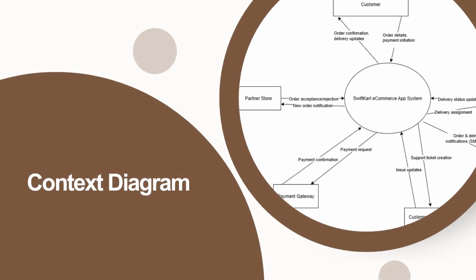A context diagram is a high-level diagram that shows a system in relation to its external entities. Okay, that probably didn't make any sense to you, but essentially the system is what you're building. And the entities are like the external actors that are connecting to it or using it in one way or the other.